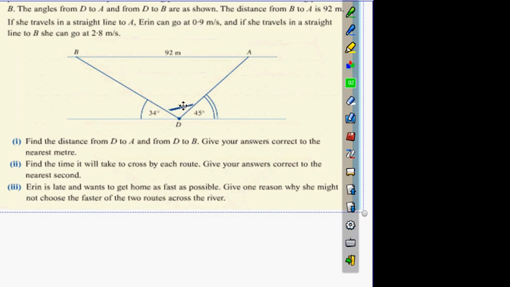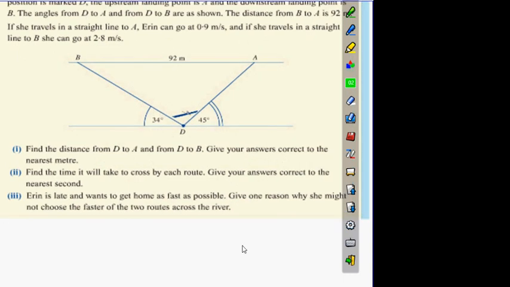Now, let me explain what's happening. It's like distance over time from junior cert. If you find this length here, that gives you the distance going downstream, alright? So we'll call this distance x.